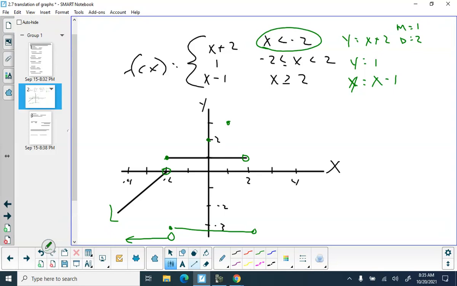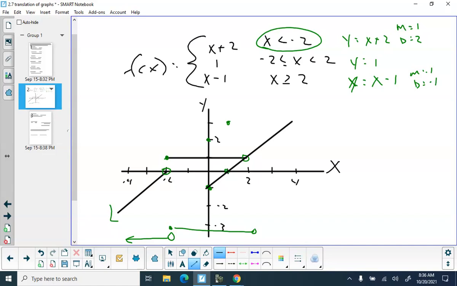And then the last one is y equals x minus 1, where we have a slope of 1, y-intercept of -1. So we have a dot here and a slope of 1. So my graph would be this.